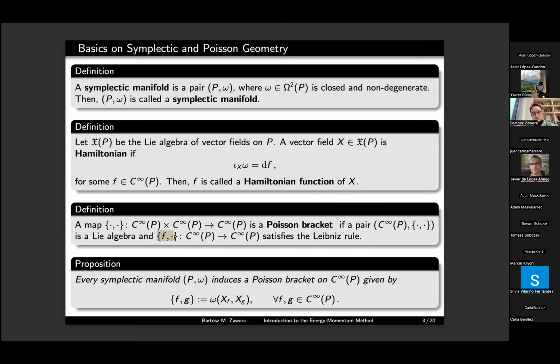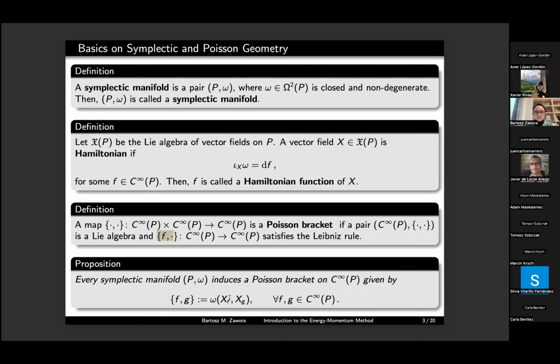And remarkably, every symplectic manifold induces a Poisson bracket on the set of smooth functions on this manifold, given as follows: the Poisson bracket of functions f and g is the symplectic form taken on the associated Hamiltonian vector fields of those functions.